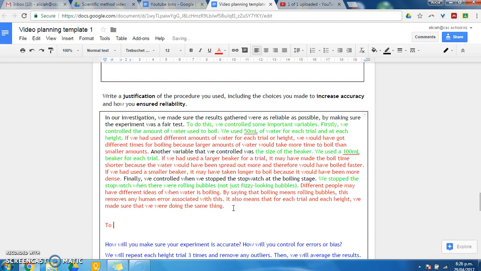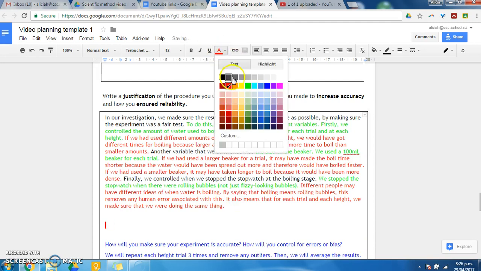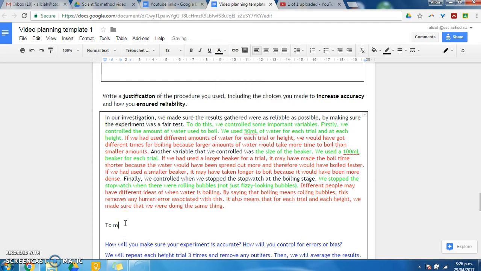So different colour, to make sure our results were accurate, we controlled bias and errors.